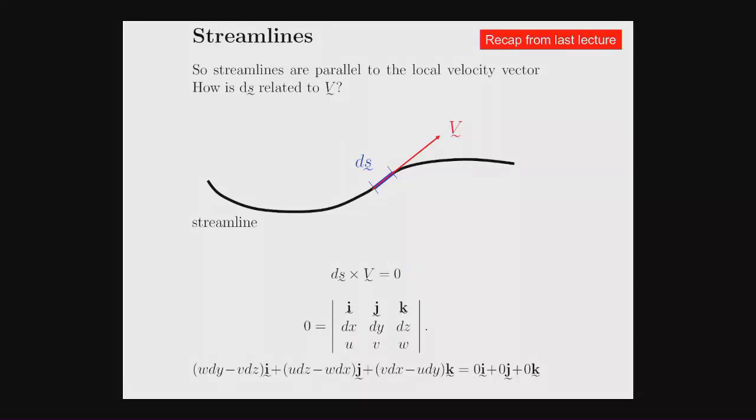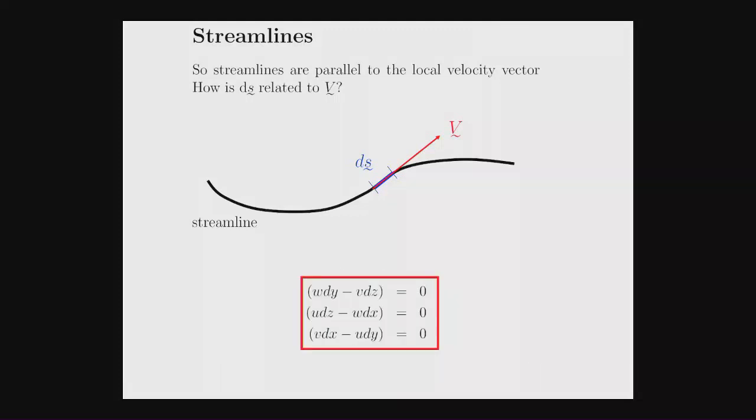Again, a recap from the previous lecture: we know that the equation of a streamline for a two-dimensional flow is just v dx minus u dy equals 0. We know this because for a streamline, the cross product of ds with v, the velocity vector, equals 0. That's how we derive this equation.